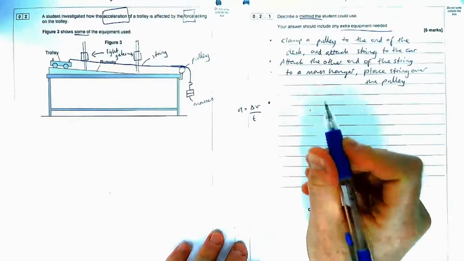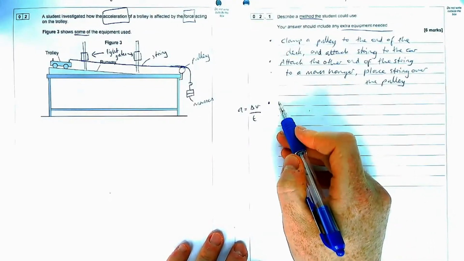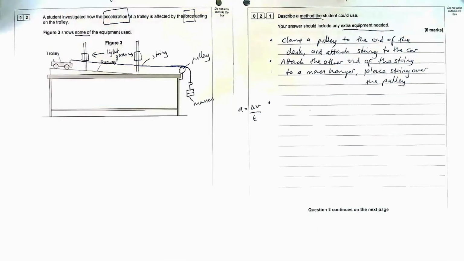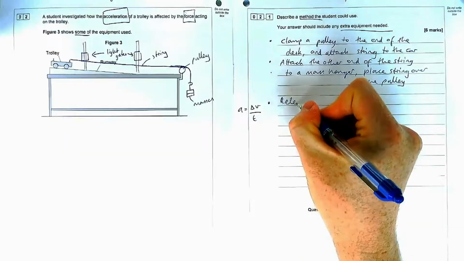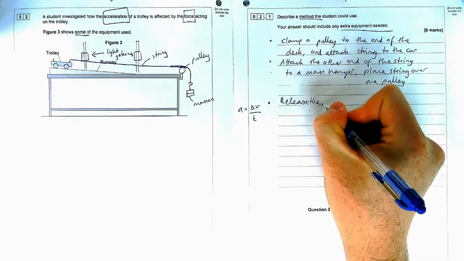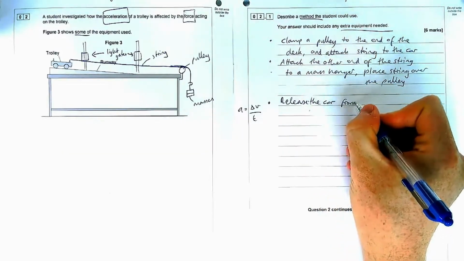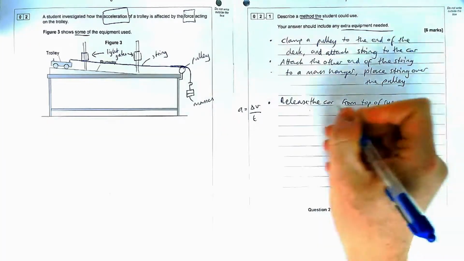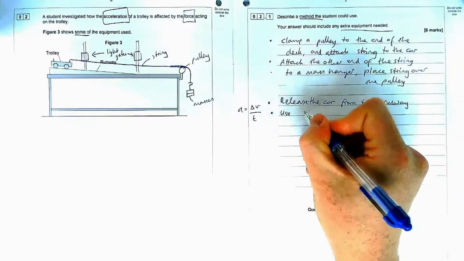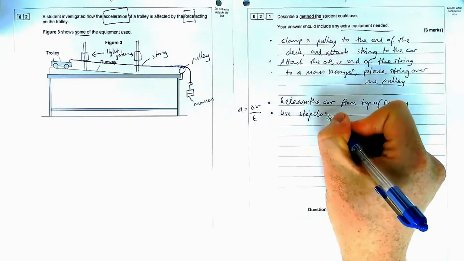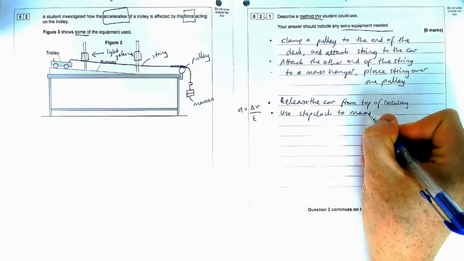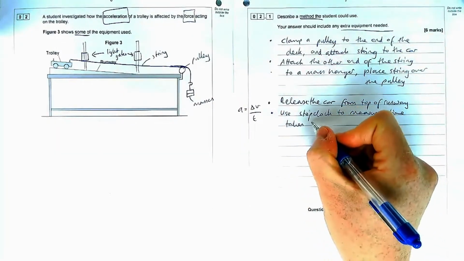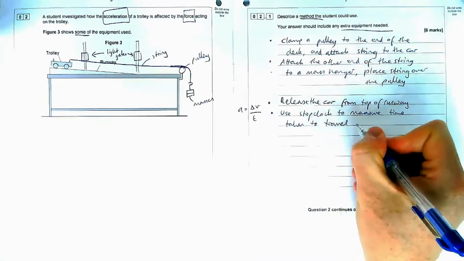Let's start writing our method for the main part of the practical. So we're going to release the car from the top of the runway, and we're going to use a stop clock to measure time taken to travel between 2 points.